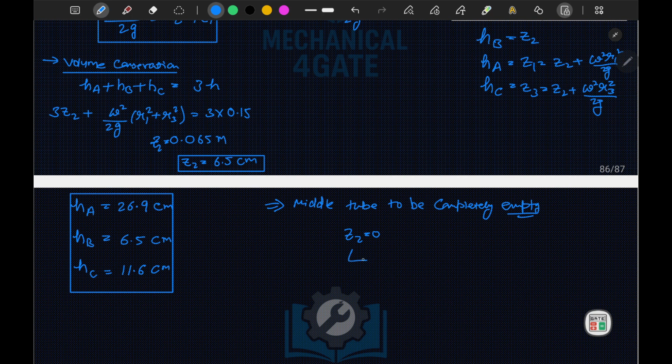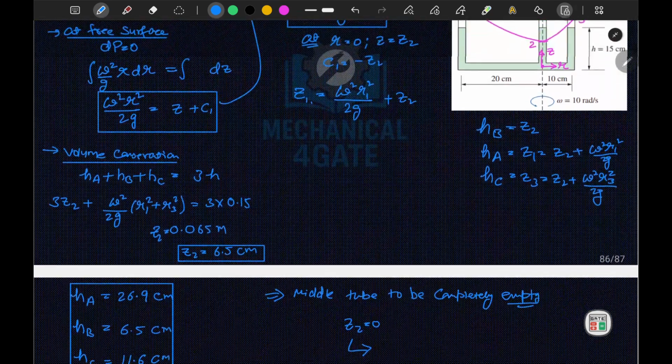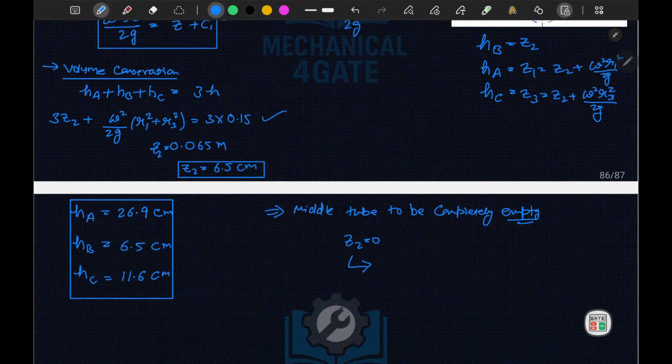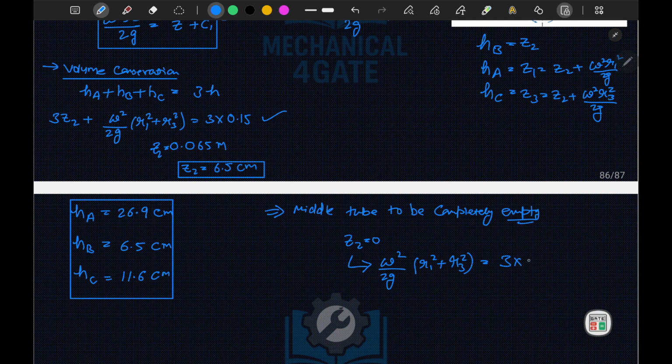If this happens, from this equation we can write that omega square by 2g times R1 square plus R3 square is equal to 3 times 0.15.